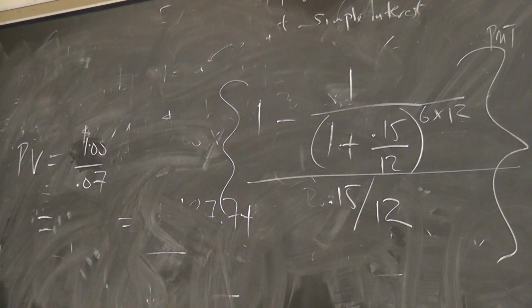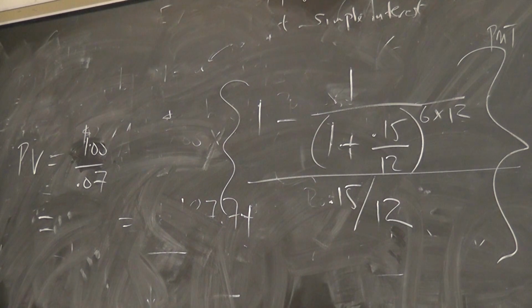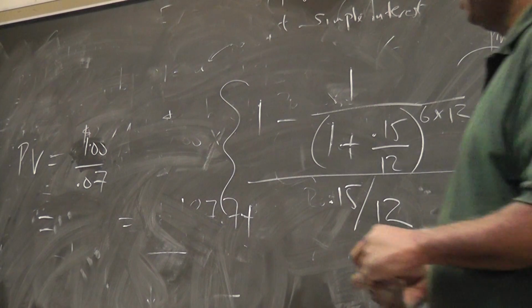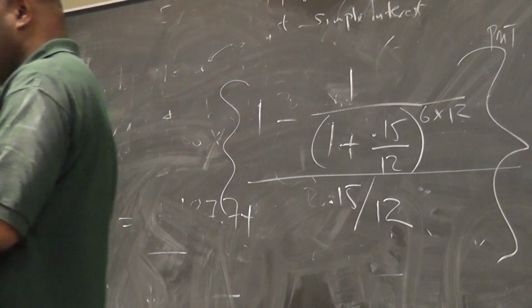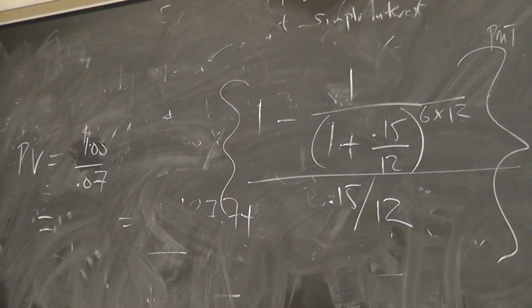So where are we now? Question 29. Converting an annuity, which is really an ordinary annuity, to an annuity due, increases the present value. Again, I repeat, converting an ordinary annuity to an annuity due increases what?